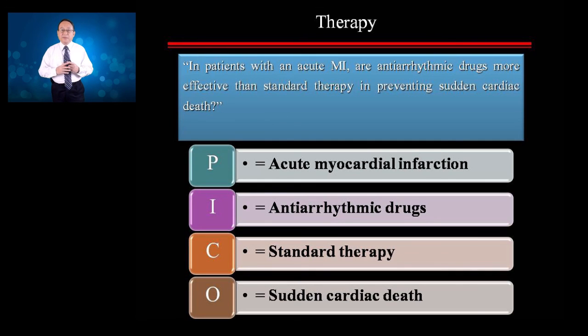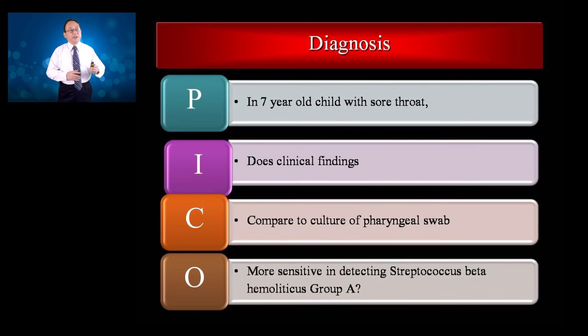Every part of the evidence will bring a different story. If we are talking about diagnosis, for instance, in a 7-year-old child with sore throat, do clinical findings, this is the intervention, compare to culture of pharyngeal swab.